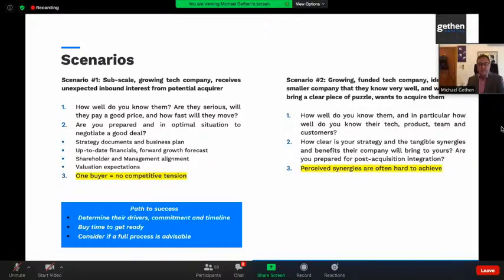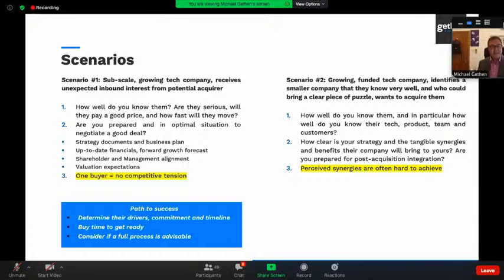Second scenario is kind of the reverse of that. So this is a growing, funded, perhaps at scale tech company, identifies a smaller company that they know really well and who could bring a clear piece of the puzzle. And so the issues here are around how well do you know them, in particular, how well do you know their tech, their product, the team, the customers.